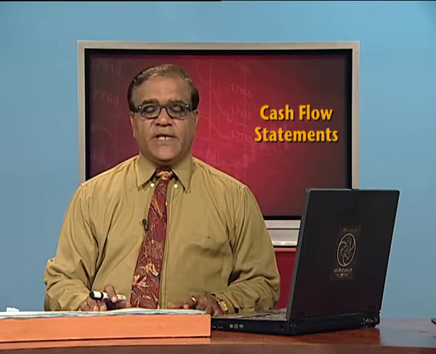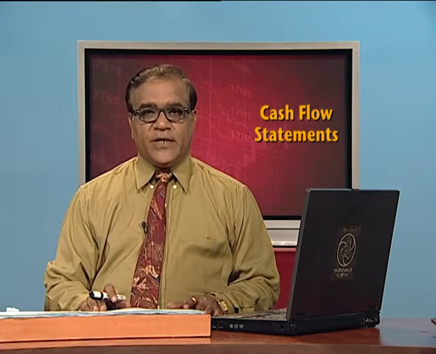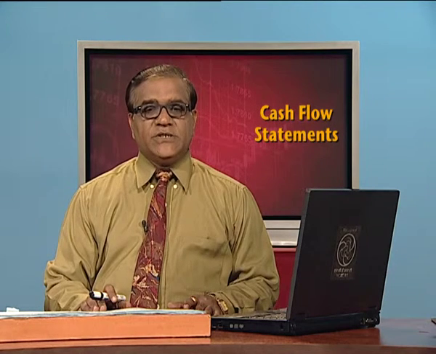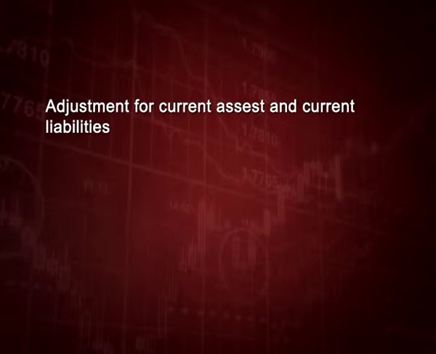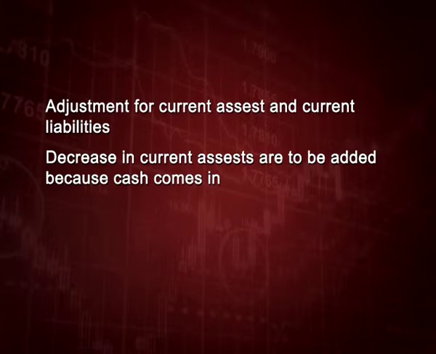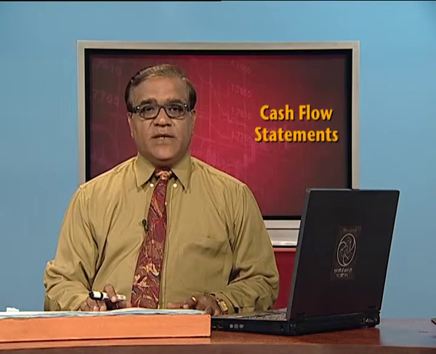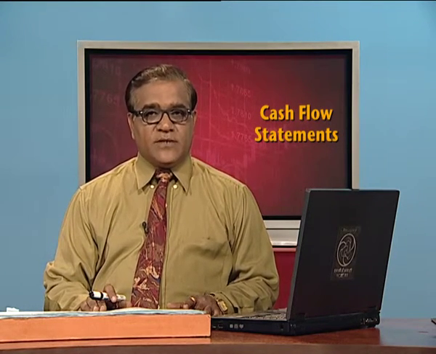Once we have arrived at cash flow after operating activity, then we have to adjust it for working capital changes, that is adjustment for all current asset and current liability. Now, decrease in current asset is to be added because cash is coming in. How? Let us take an example. If debtors decreased, that means cash is received from debtors.